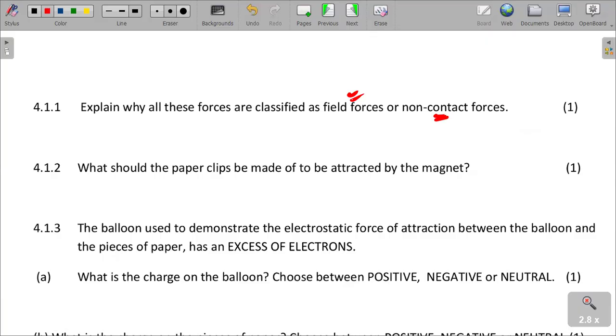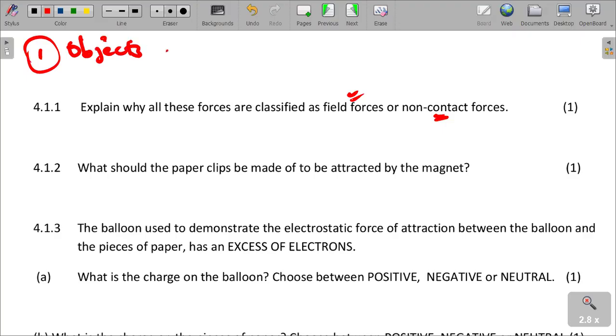Remember the first graph that I was talking about, where we discussed contact force, in which a wooden block was pushed on top of a surface. There we talked about frictional force opposing the movement of the push. Now in this case there is electrostatic, magnetic, and all the forces given, and we are saying they are not contact forces because the objects are not in contact with each other.